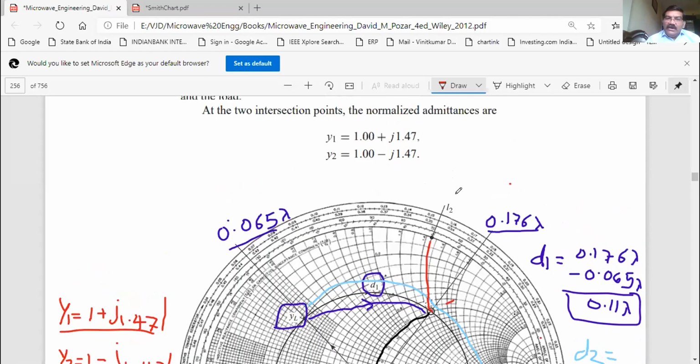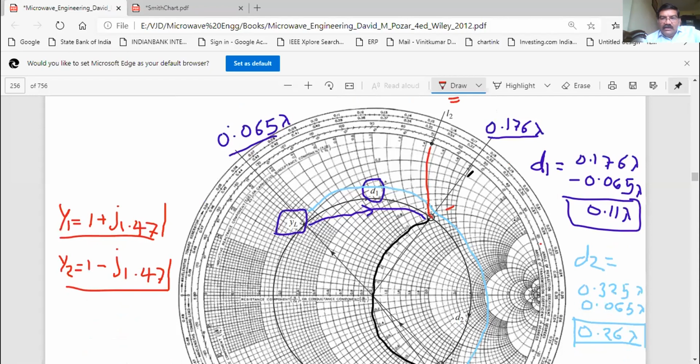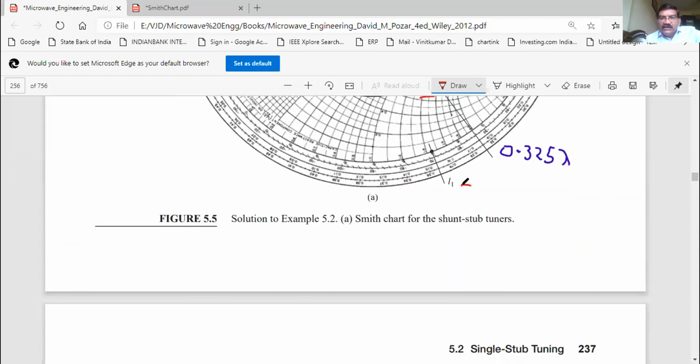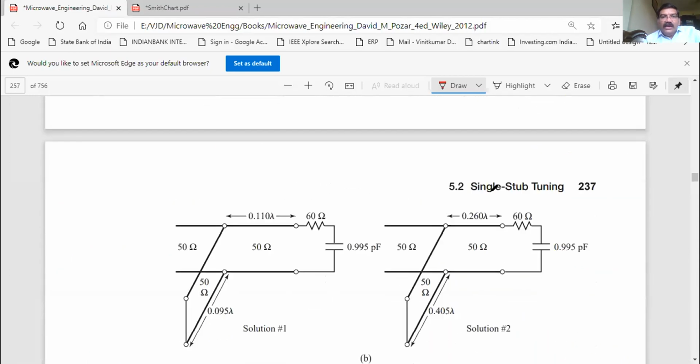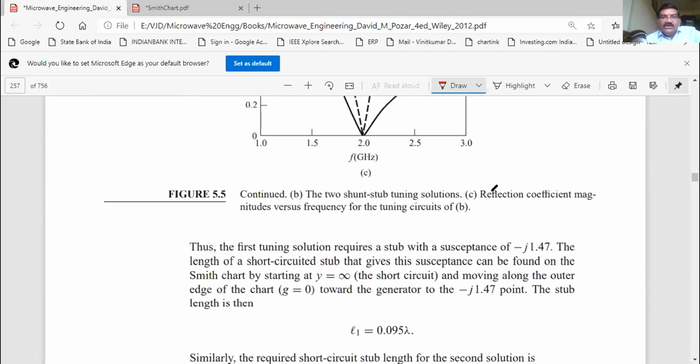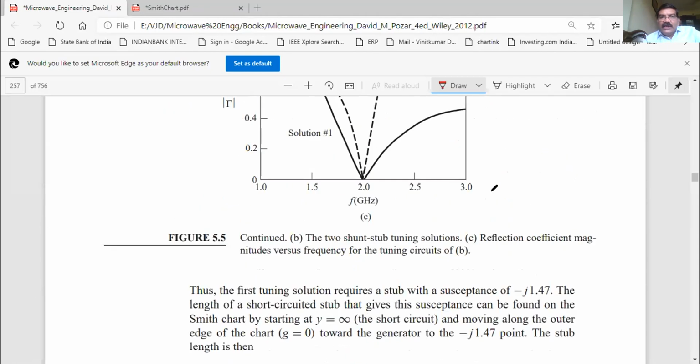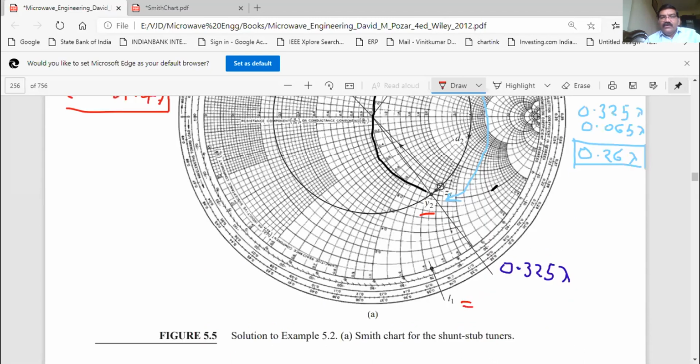Now what will be the value of L2? You just read out the value of L2, whatever value you got here. You will get something for L2 and something for L1.